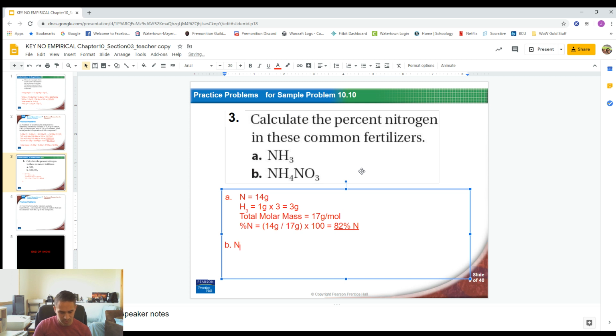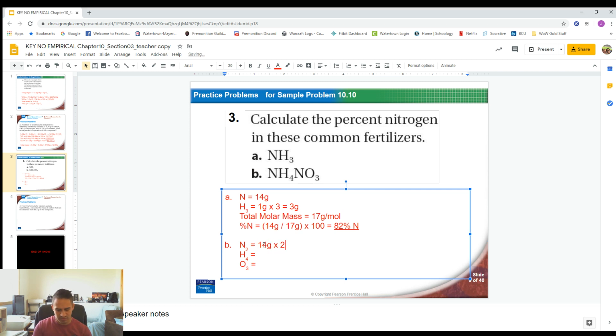It's still just 2 N's total. So we're going to add 2 N's together. We are going to add 4 H's, and we're going to add together 3 oxygens. Okay. All right. So nitrogen we already learned is 14 grams.